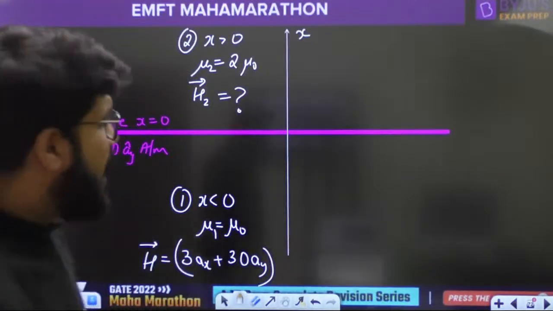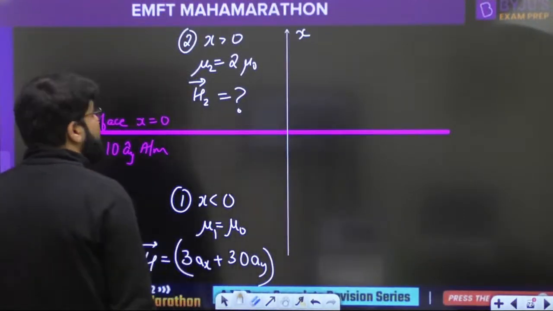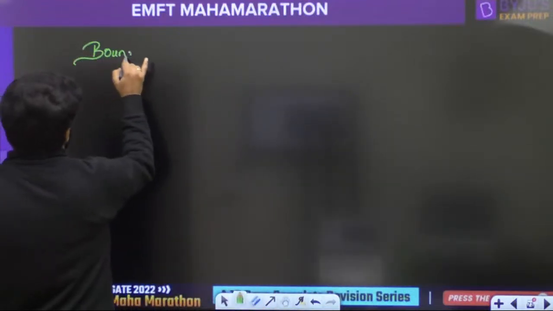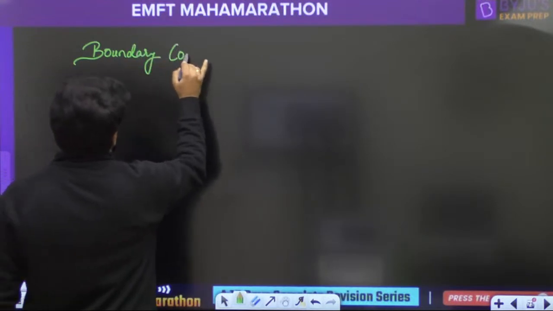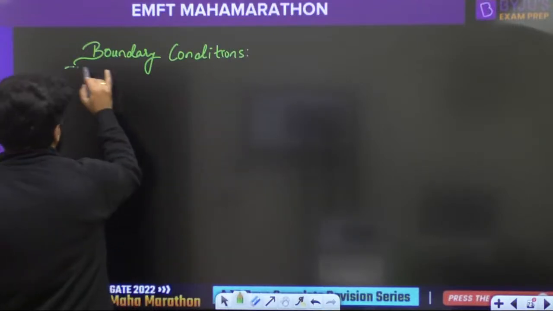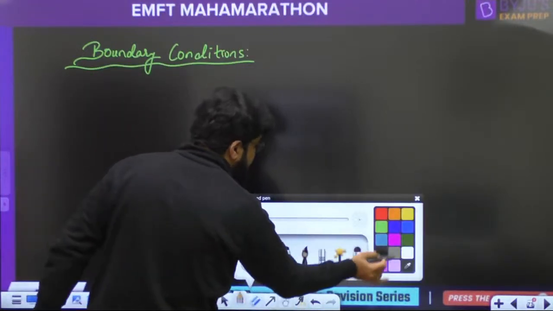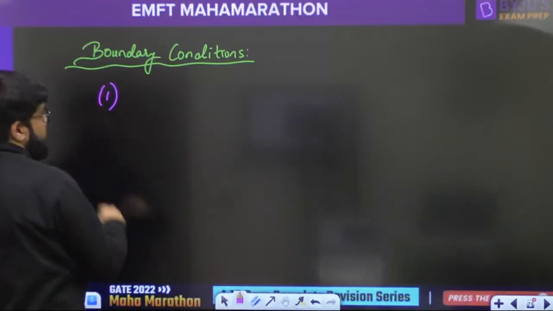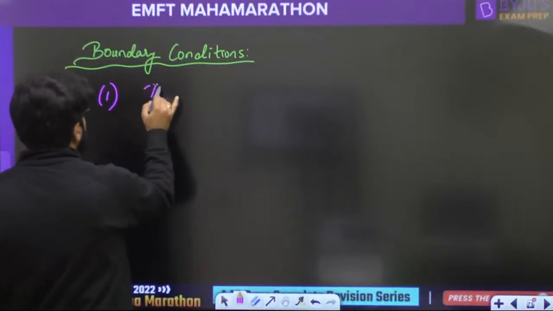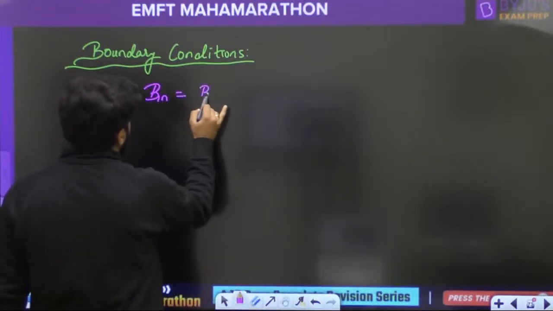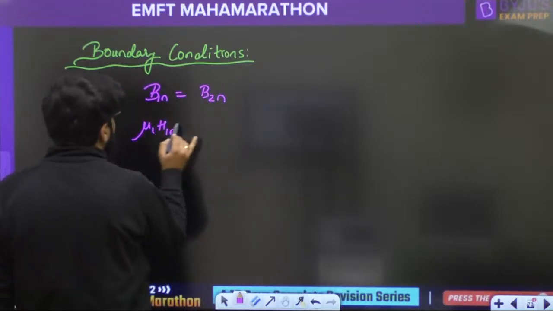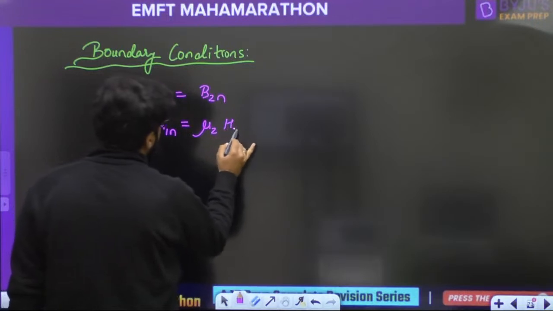Now, what are the boundary conditions with respect to the magnetic field? Let me write down the boundary condition formulas here as well. Both the electrostatic and magnetic boundary conditions are being revised for you. Number 1: B1n is equal to B2n. But the question is given in terms of H, so B is mu H. So mu1 H1n is equal to mu2 H2n.